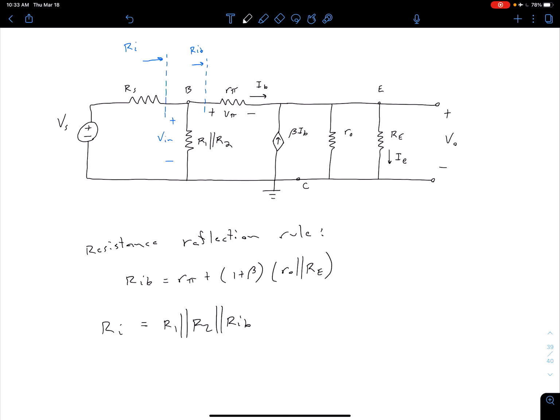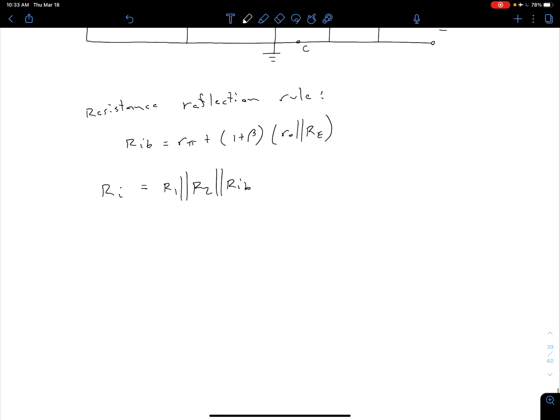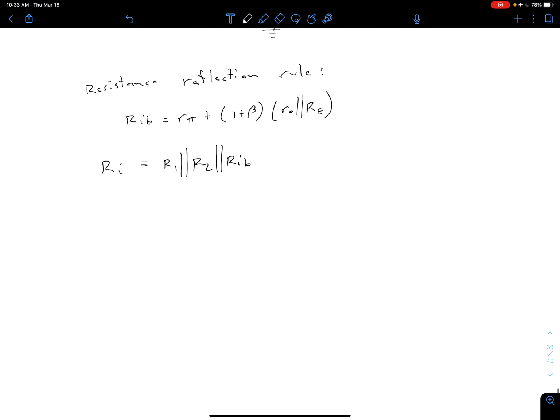All right. And we're not going to go through all of the analysis again, but using some standard analysis that we saw with the common emitter circuit, what we arrive at is a small signal voltage gain, which is equal to our output voltage over our input voltage Vs. And we have two big fractions here. In the denominator, we have r pi plus 1 plus beta times that parallel combination of Ro and Re.